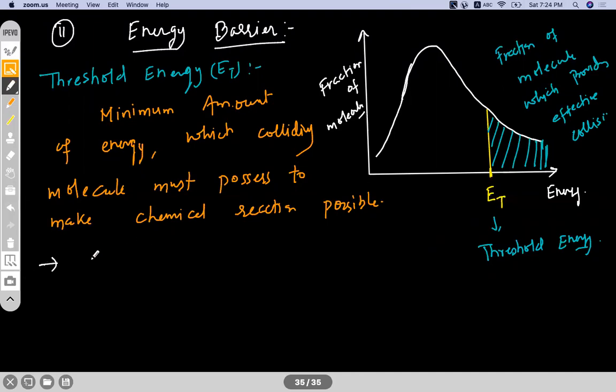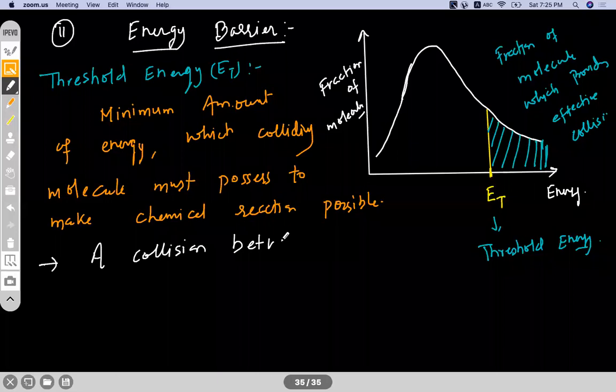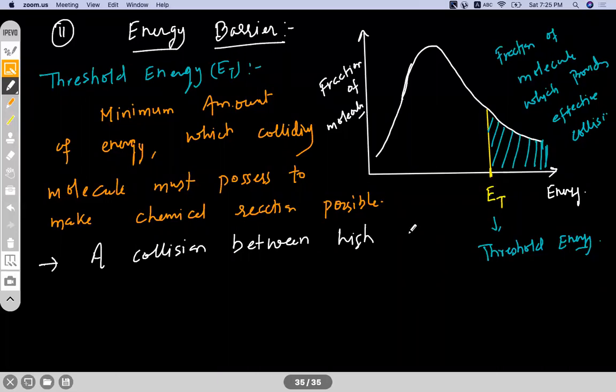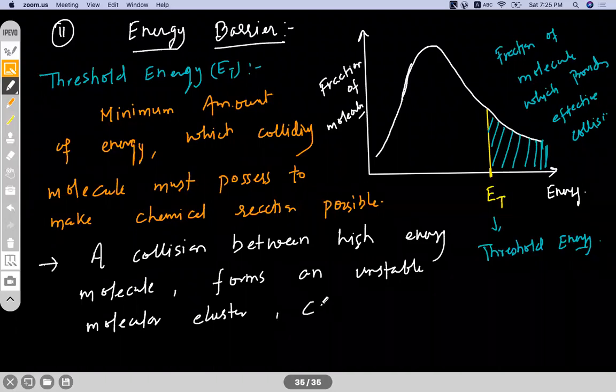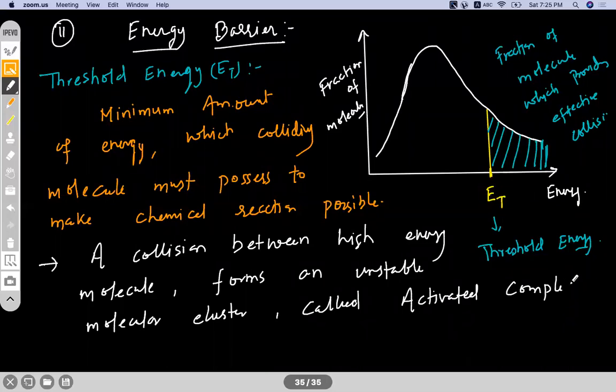A collision between high energy molecules forms an unstable molecular cluster called activated complex.